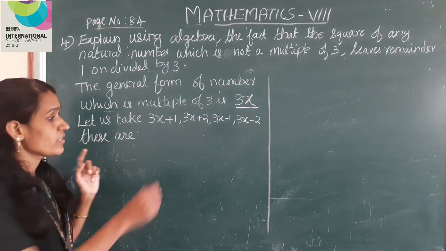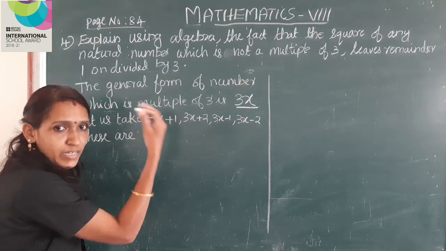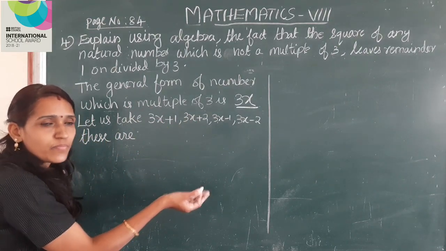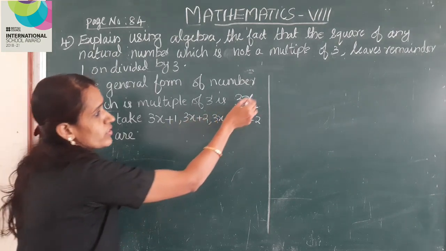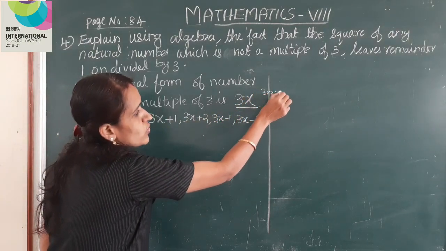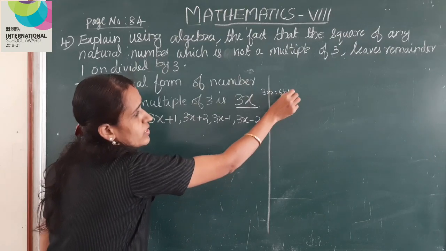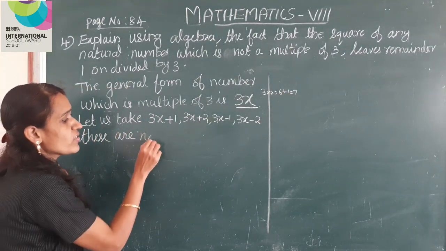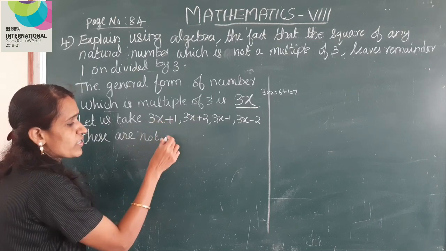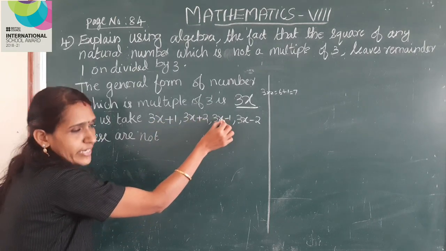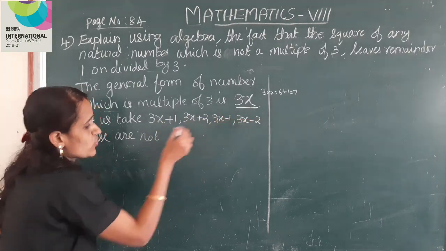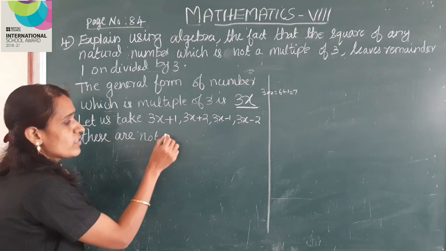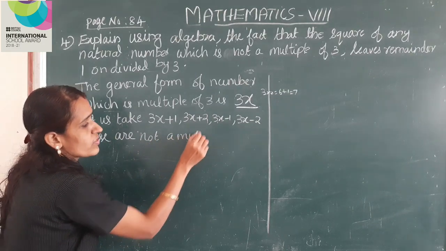These are, 3x is a multiple of 3, plus 1. So here 3 into 2, 6 plus 1, 6 plus 1 is 7. 7 is not a multiple of 3. So here 3x plus 1, 3x plus 2, 3x minus 1, 3x minus 2, these are not a multiple of 3.